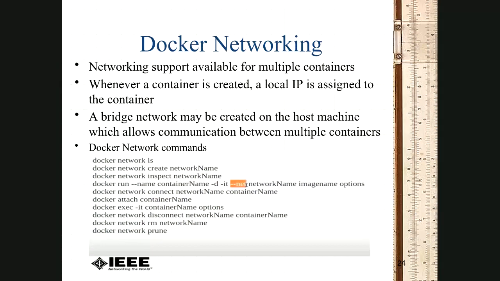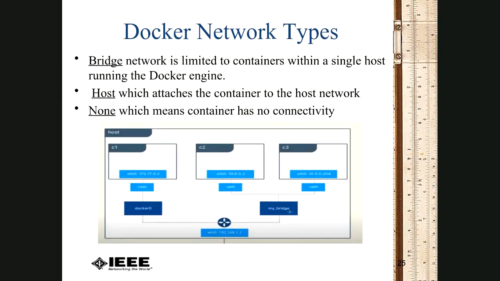Now let's talk about Docker networking. Let me go directly to the picture. Docker supports three kinds of network. A bridge network allows all the containers to be connected together within a single host. Suppose you have a host machine, which is the outside boundary.